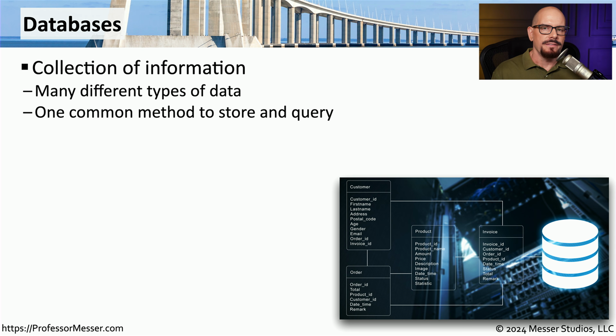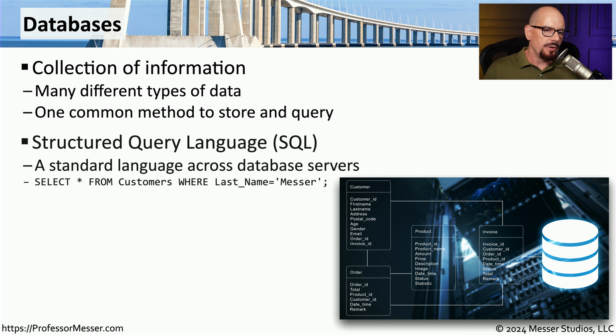We store a lot of very diverse information on our databases, but fortunately, there's a very common form of storage and retrieval for those databases referred to as a structured query language, or SQL. Some people refer to this as sequel. This SQL database uses a standard language that you can use to be able to query and retrieve information from that database.